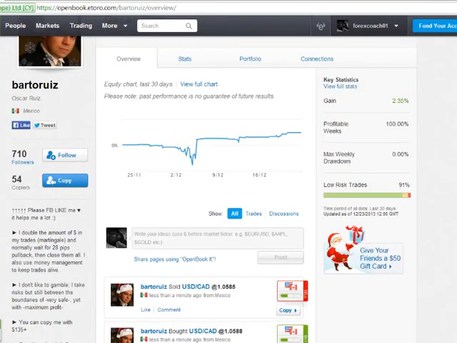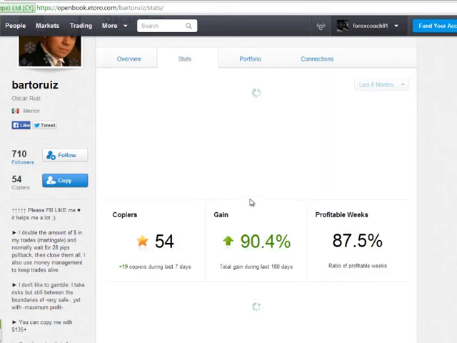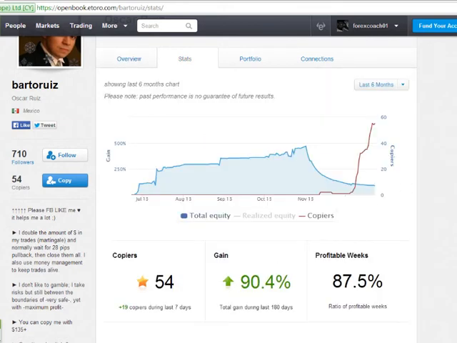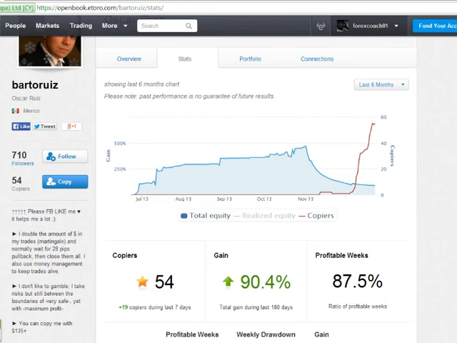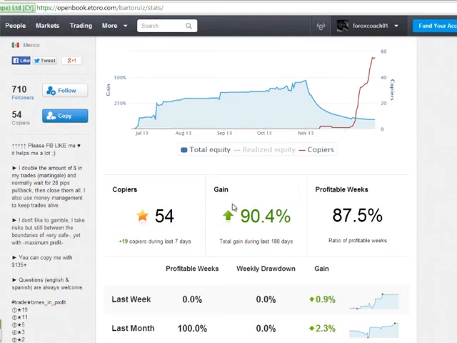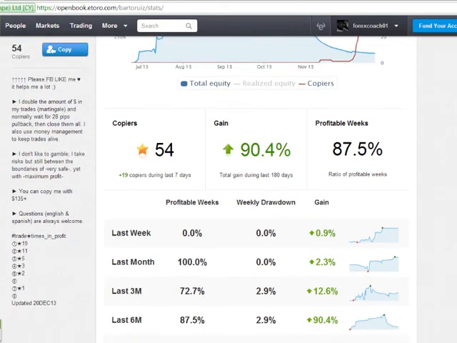Okay, now as you can see from this trader's trading activity, his equity chart isn't too swingy, should I say. It's been fairly consistent. This trader has had a gain of over 90% and a profitable rate of about 87.5%.